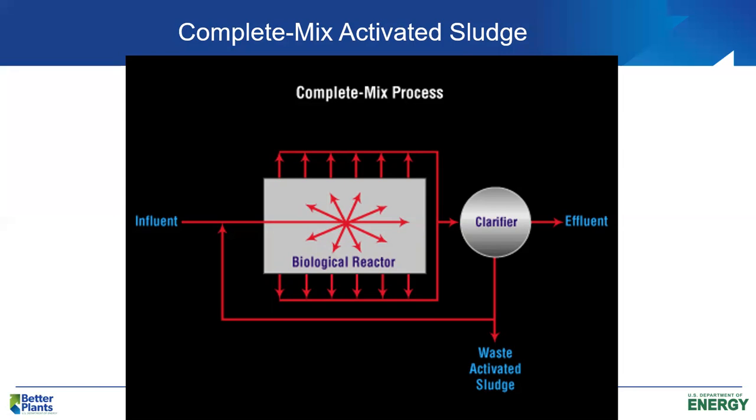And by doing that, we can keep conditions throughout the reactor uniform. Mixed liquor suspended solids is uniform throughout the reactor. The specific oxygen uptake rate, uniform throughout the reactor. And so conditions throughout the reactor are uniform. And again, if we're hit with a shock load, it will be distributed throughout the reactor almost immediately.